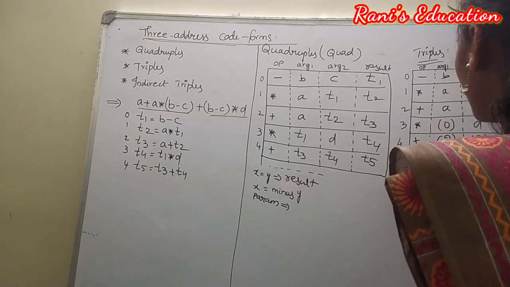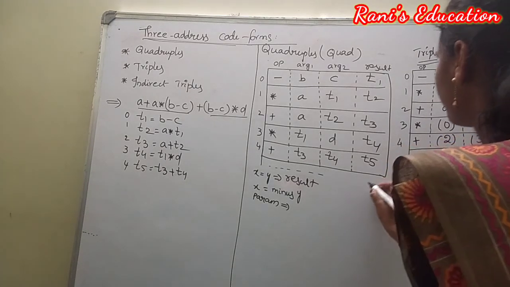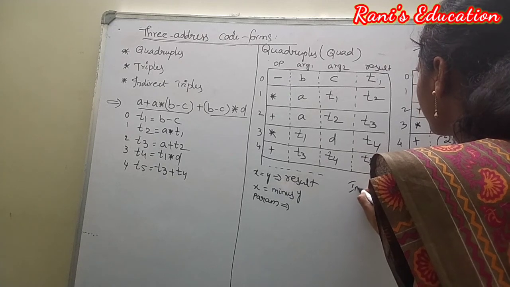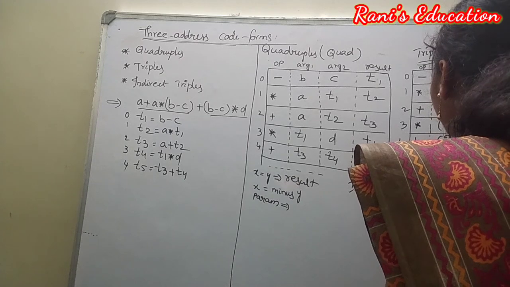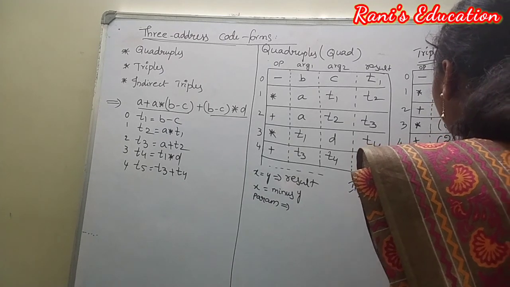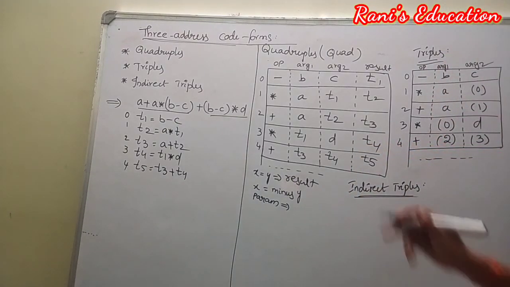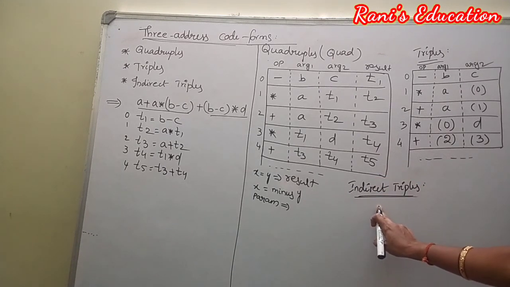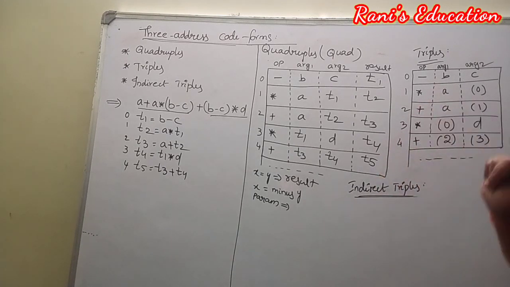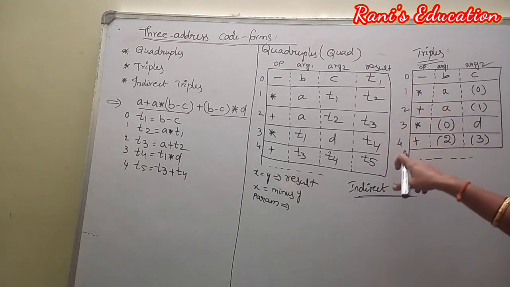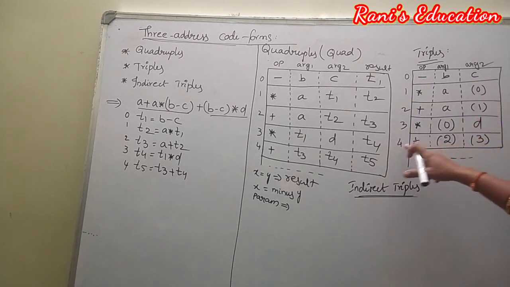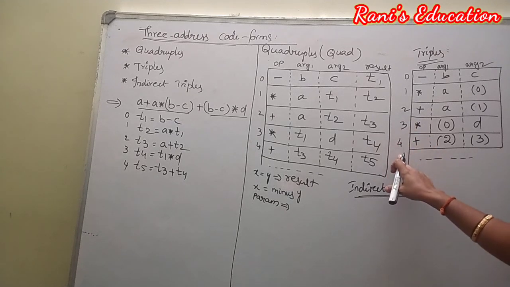Now move on to indirect triples. In indirect triples, we just list pointers to triples. The positions are 0, 1, 2, 3, 4 like that. Those position numbers are going to be defined with the help of pointers.